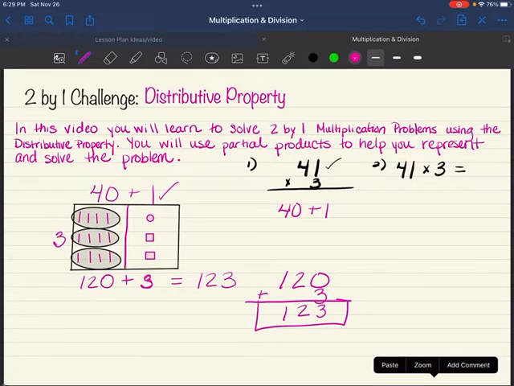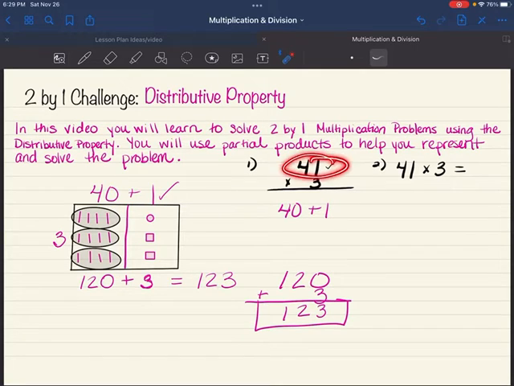So we use the distributive property. We broke down our number into 40 and 1. We got our tens place and our ones place. And then we took the second number and we put it over here on the side. And that number is going to tell us how many groups of each of these numbers we're going to use.